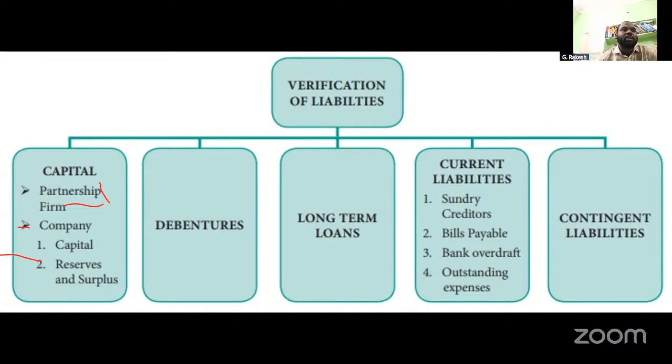reserves and surplus are the portion of the current profits or accumulated profits which are not distributed as a dividend. These undistributed profits are kept separate for the purpose of meeting some known or unknown liabilities or the fulfillment of future needs.